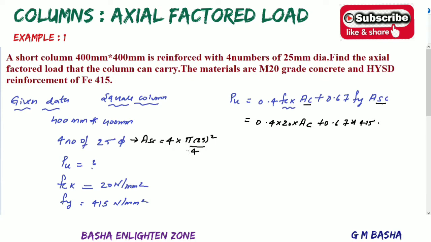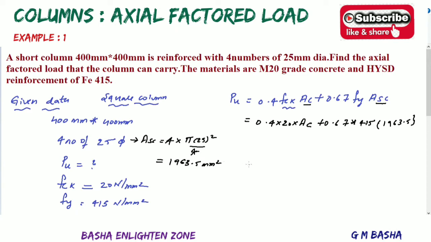If you simplify that, you will get the area of the steel as 1963.5 mm square. So you can substitute the area of the steel here directly, 1963.5. And what about the area of the concrete?